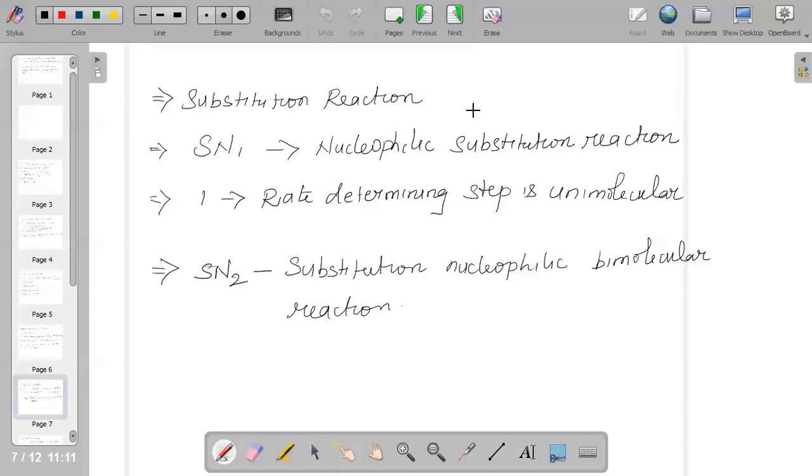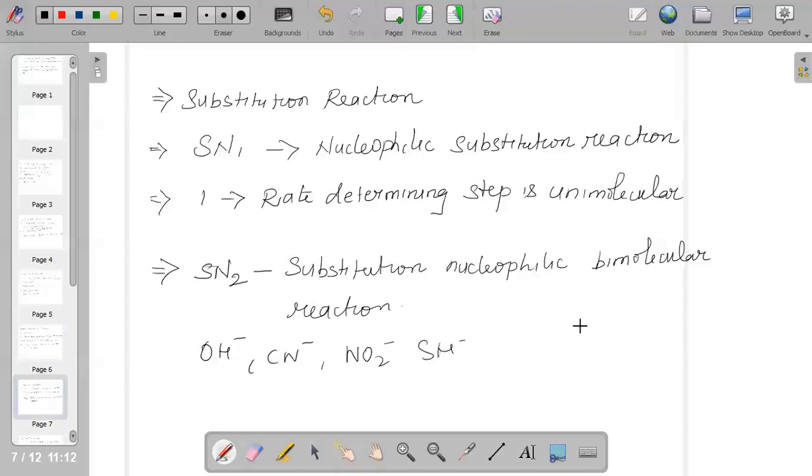The most common nucleophiles we discuss are OH minus, CN minus, NO2 minus, SH minus, NH2 minus, and so on. Nucleophilic substitution reactions actually take place in two ways, which we call the SN1 reaction and the SN2 reaction.